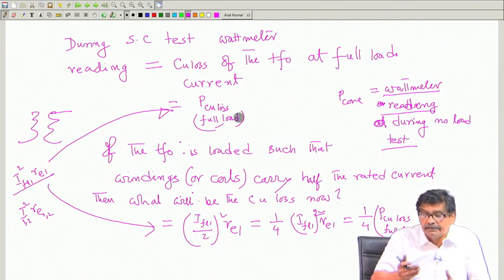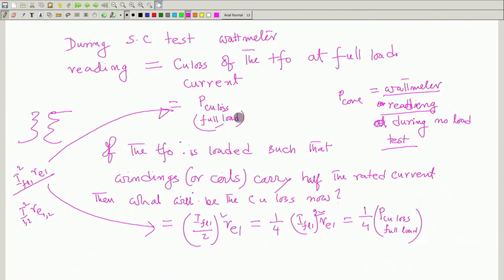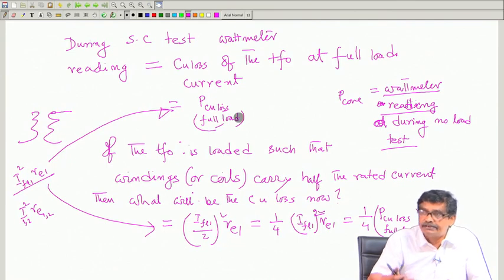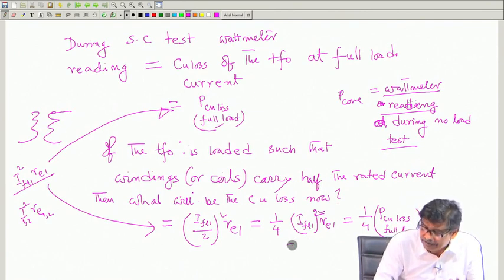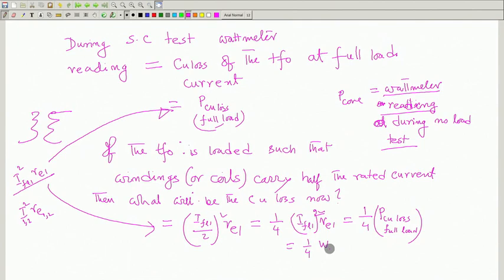If it is carrying 3/4 of the rated current, then the copper loss would be 9 by 16 of the full load value. And it so happens this becomes equal to 1 by 4 into the wattmeter reading during the short circuit test. It is not compulsory to write it like this, but this concept is important.